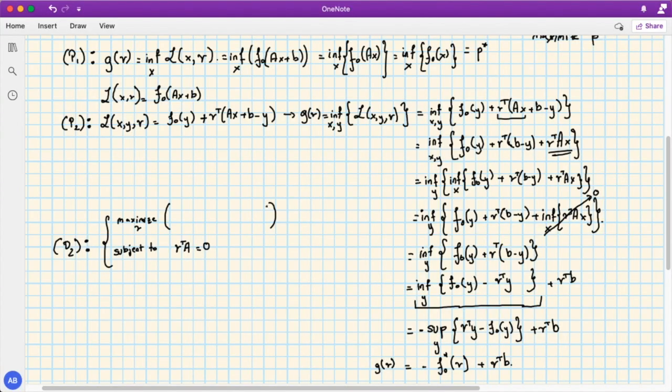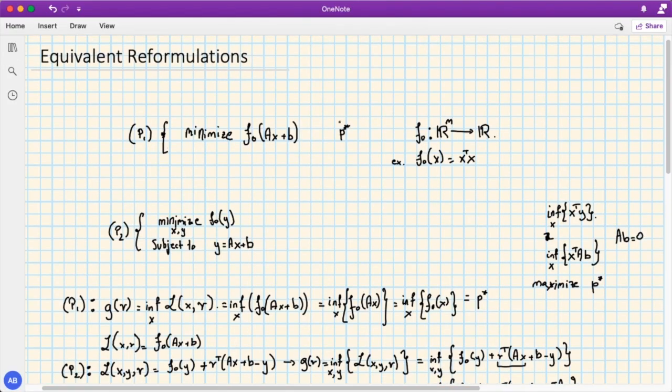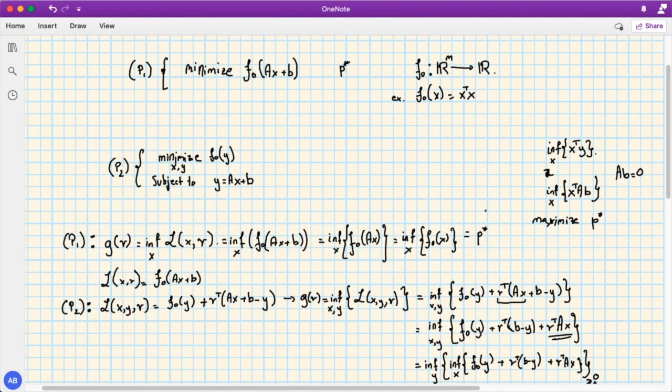to our lesson. So what we're doing is maximizing minus f0 star of nu plus nu transpose b, subject to nu transpose a equals 0. Now taking a look at this Lagrangian dual problem, D2, and its equivalent dual, which is P star, this is D1, if you will.